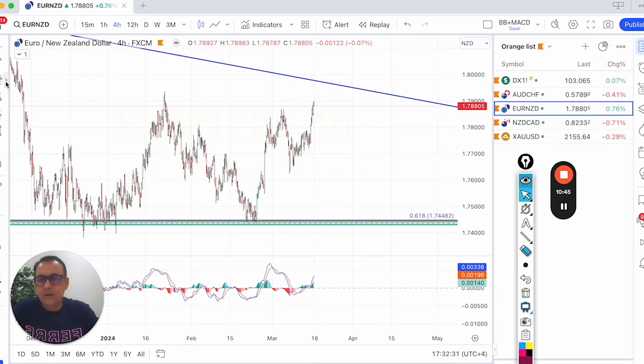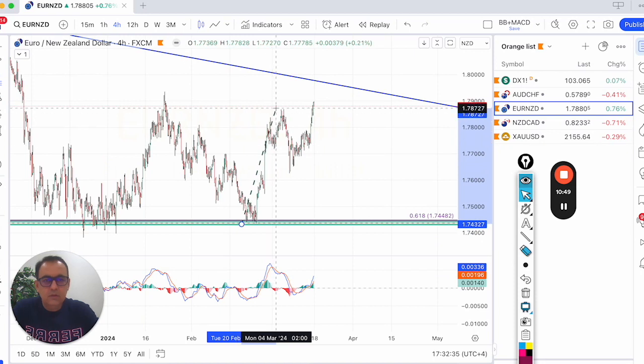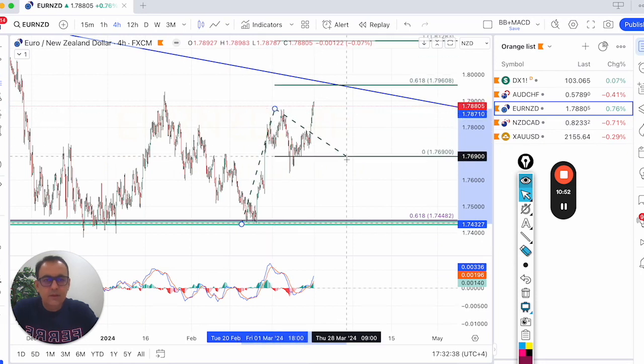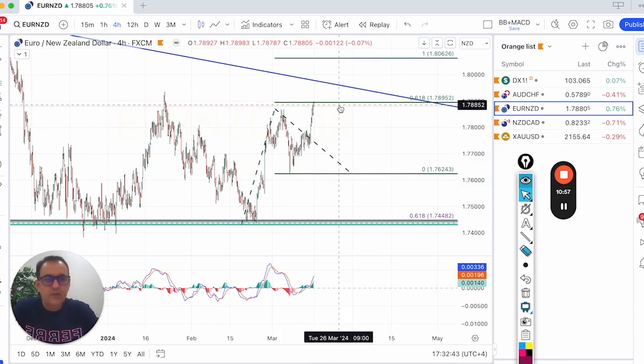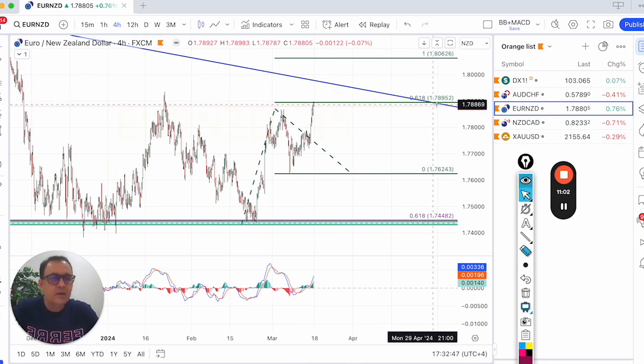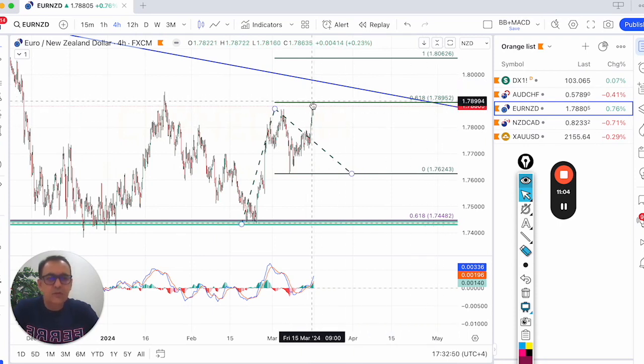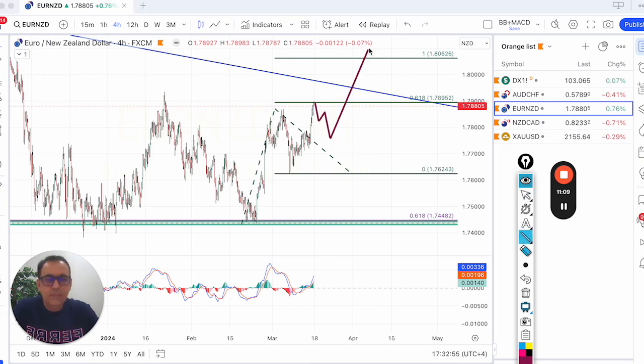So here I'll be connecting from the lowest point to the first high and higher low formed on this move. So right now we have reached precisely to 61.8 extension zone. So that is at 1.7895. So we can expect some short-term resistance here or short-term pullback and then continuation to 1.8062. So immediate upcoming target in the upwards direction is 1.80.